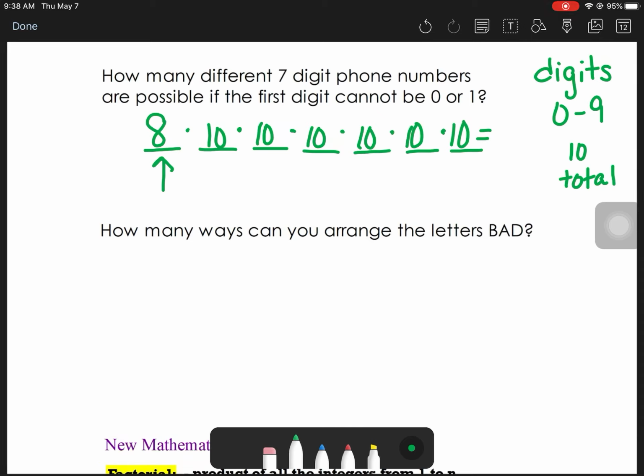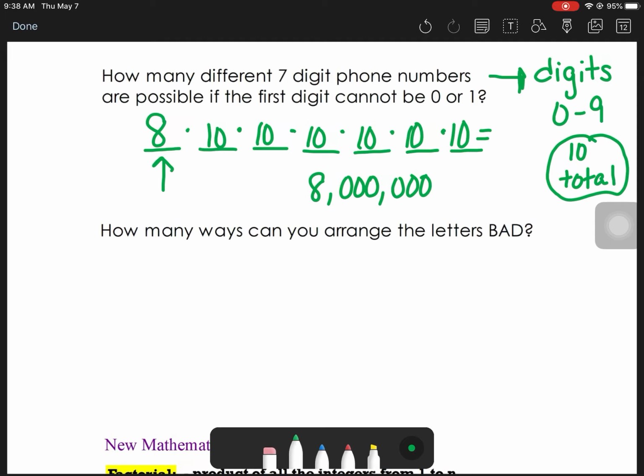So if we multiply all of these together, there would be 8 million different phone numbers that are possible with a 7-digit phone number, and where the first number cannot be a 0 or a 1. So please remember, when we're talking digits in our system, we only have 10 digits in our number system that go from 0 to 9.